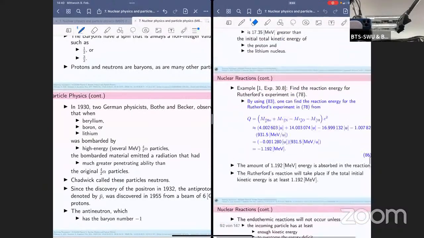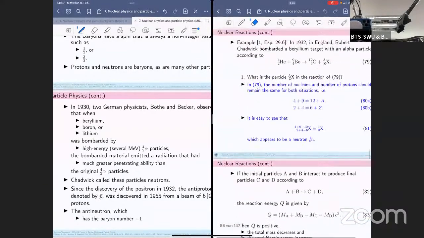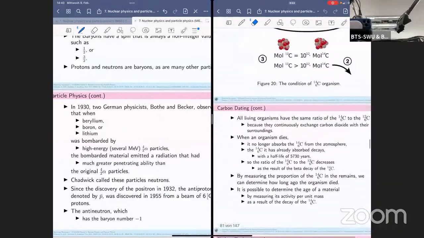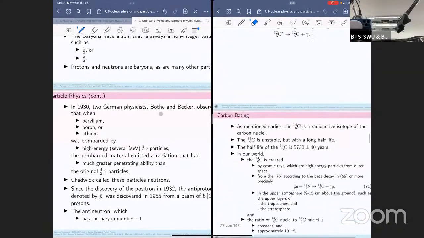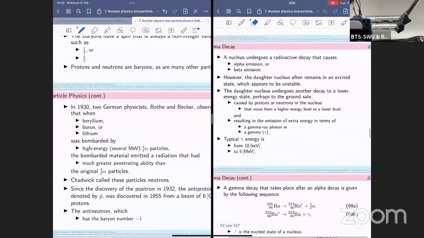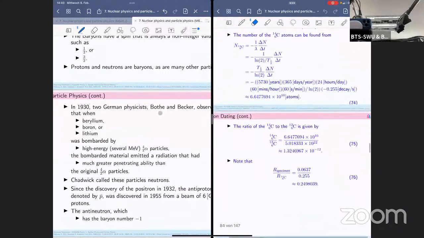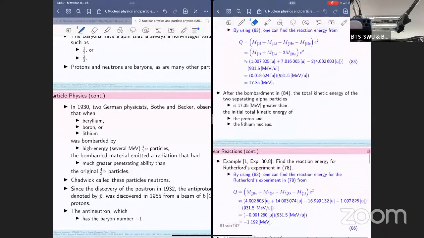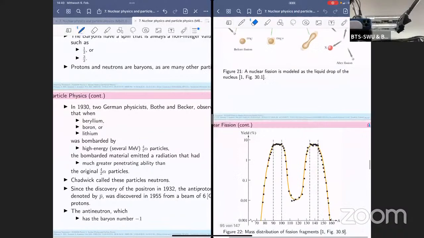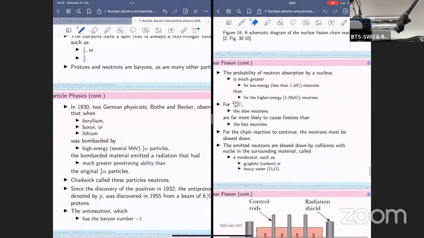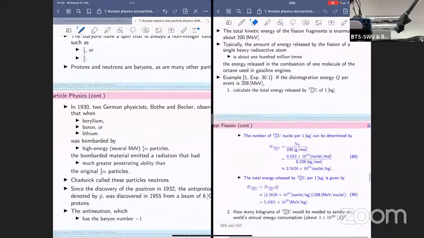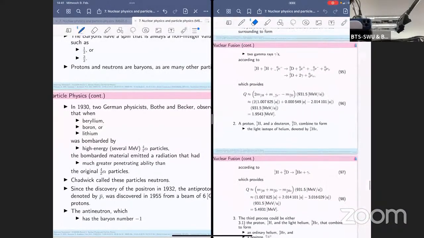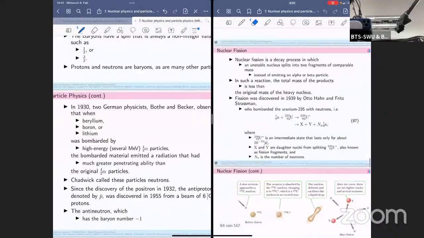Where is that? The origin of the neutron. I can't remember exactly.